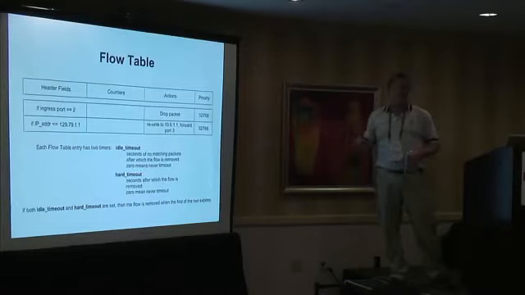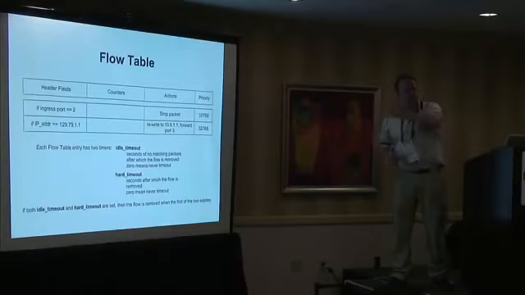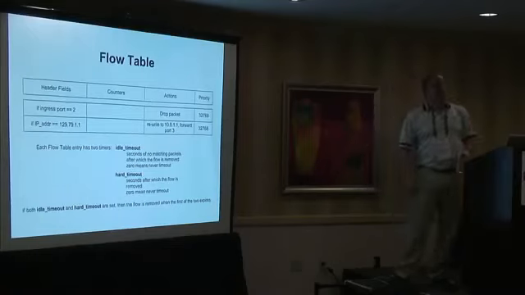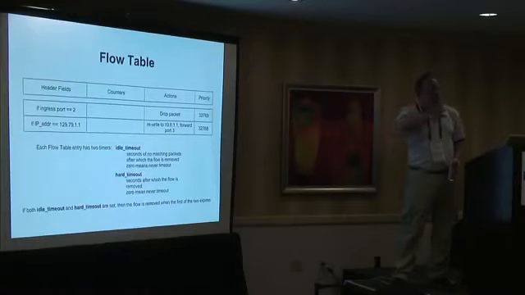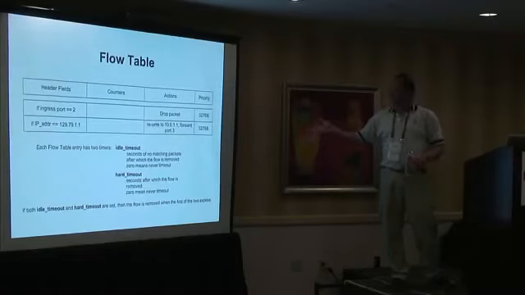And this simply says if the OpenFlow controller puts one of these table entries in a switch, it can say this table entry is only going to stay there for so many seconds, or it's only going to stay there for so many seconds since the last packet actually matched that entry. And the switch itself, not the controller, can remove that entry when the timers expire.